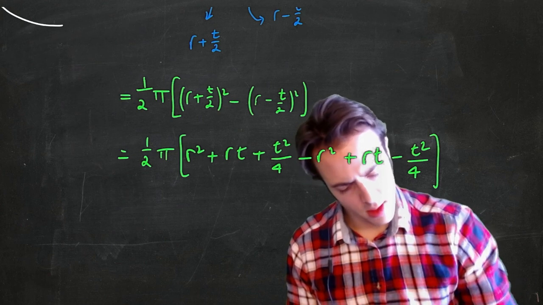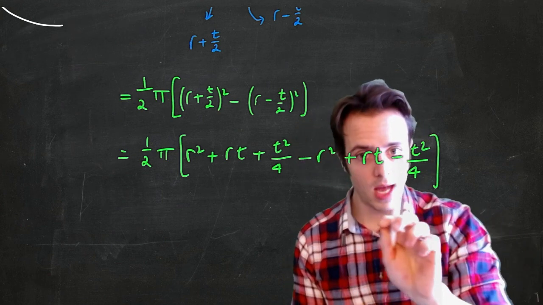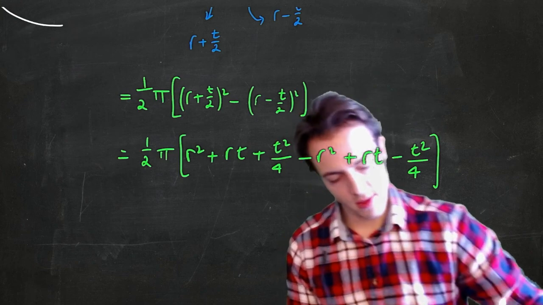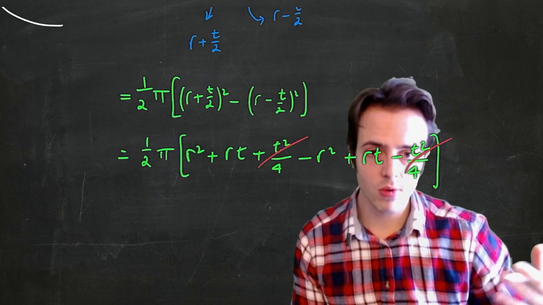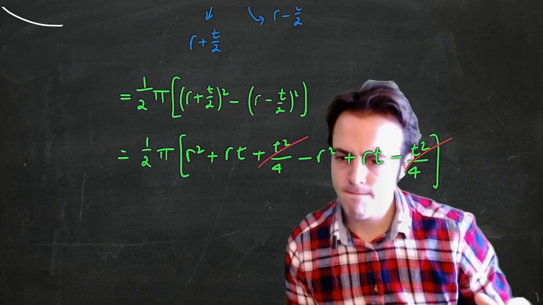Actually these cancel anyway, the way I've done this, but also because t is small, t squared is irrelevant. We can ignore it.